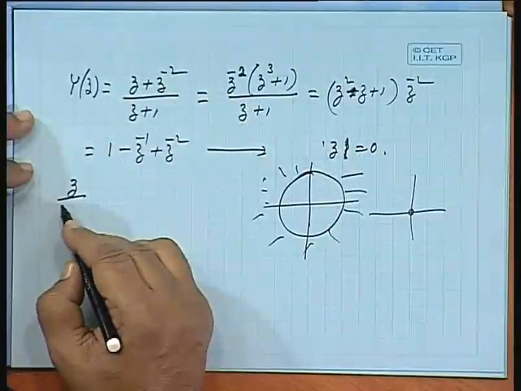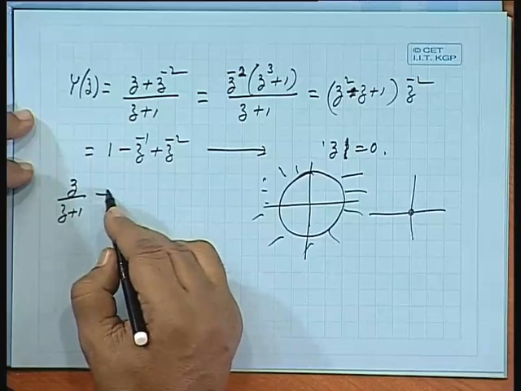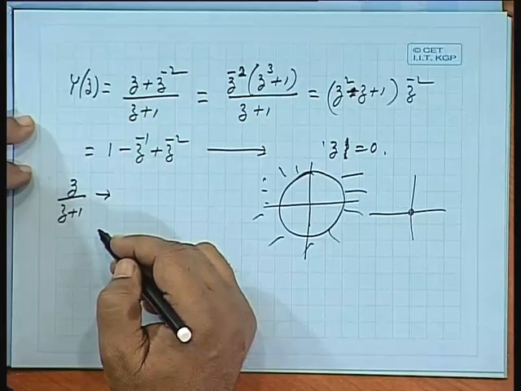All right. Let us see what will be the response, the impulse response corresponding to yz. What will be x1n and x2n? If we add them together, what will be this? Z by z plus 1. What kind of sequence will it give?